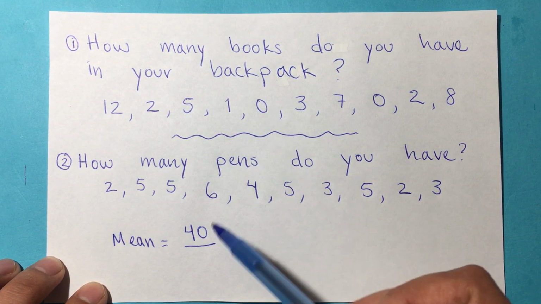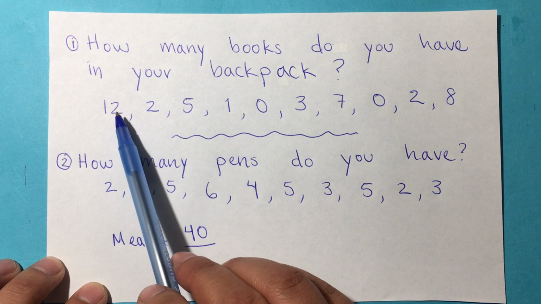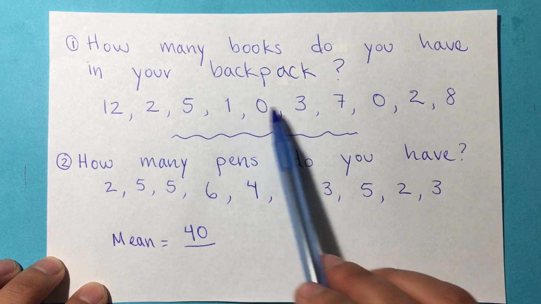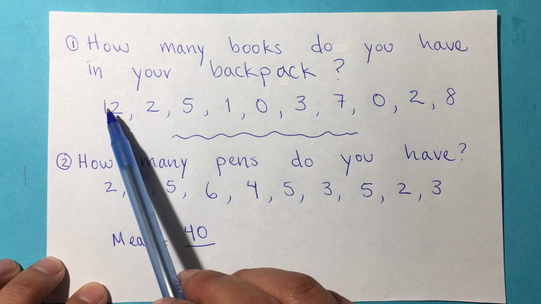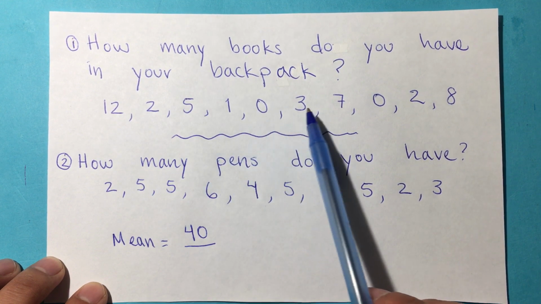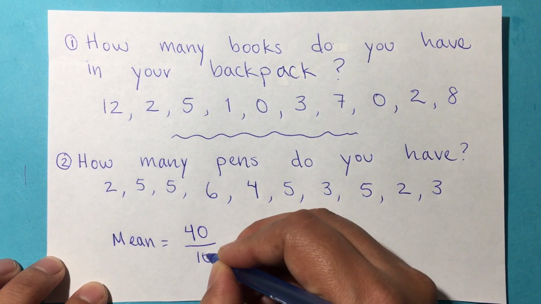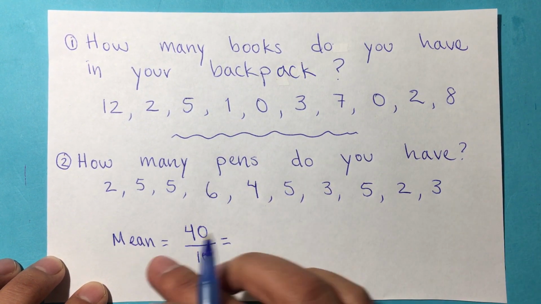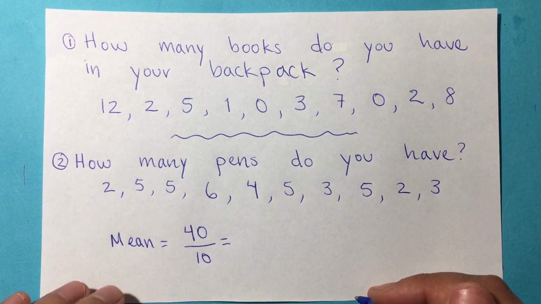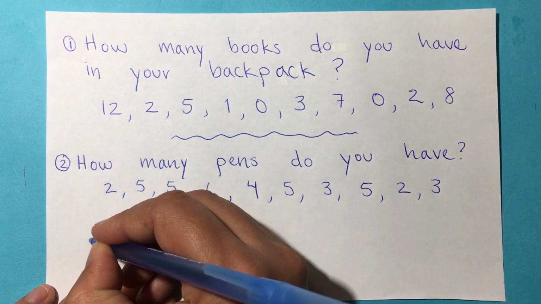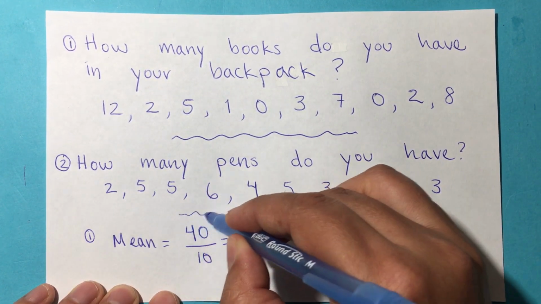So it doesn't add any value here, but when we divide, we do have to take those into consideration. So we count 1, 2, 3, 4, 5, 6, 7, 8, 9, 10. So we're going to divide by 10, and that will give us the mean average. 40 divided by 10 is 4. That's for the first question.